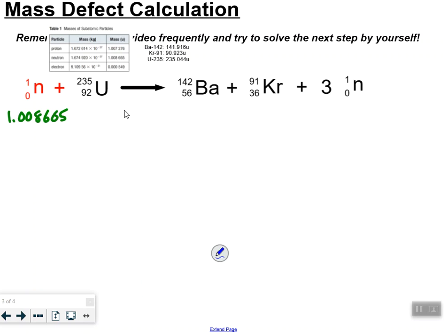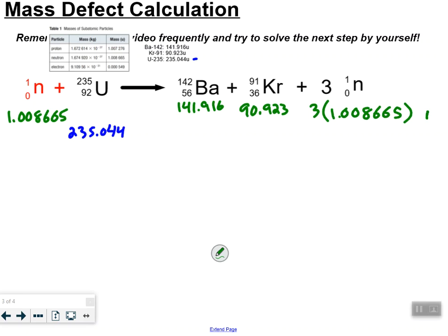The uranium is 235.044. So I'm just adding these numbers together. Barium is 141.916. Krypton is 90.923. And then I've got 3 neutrons, which is 1.008665 each. And this is all in atomic mass units.